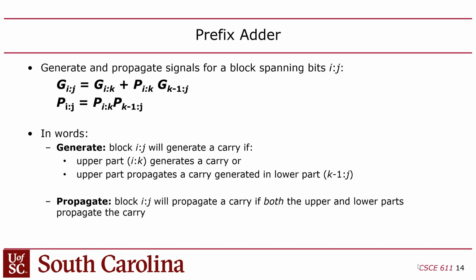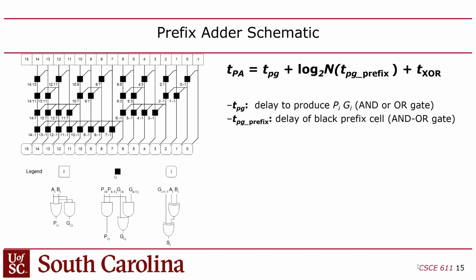Because if both halves have propagate 1, then the whole thing is propagate 1, right? Okay, so these are the rules that you can apply to these groups that come in. So I take those rules and now I can get generate and propagate for bits 14 down to 13, and also 12 down to 11, and 10 down to 9, right?